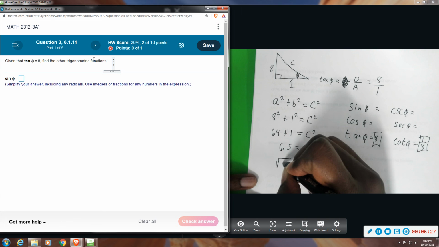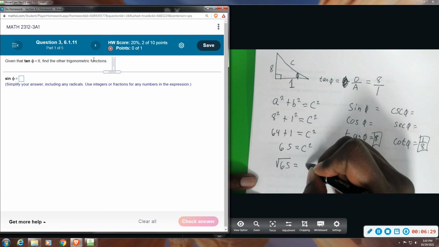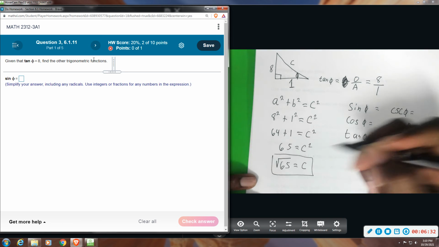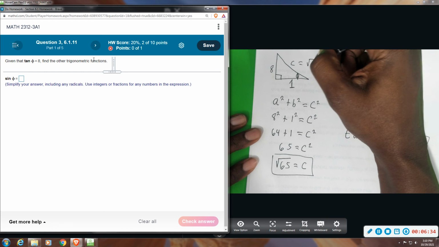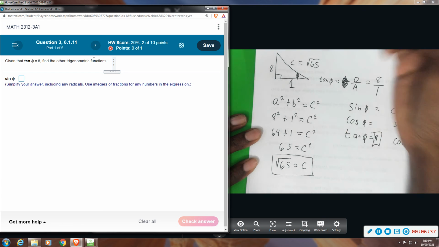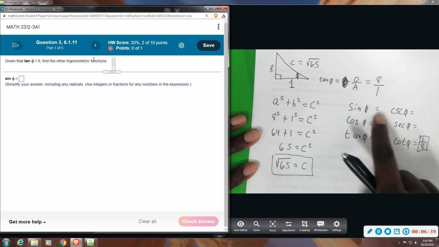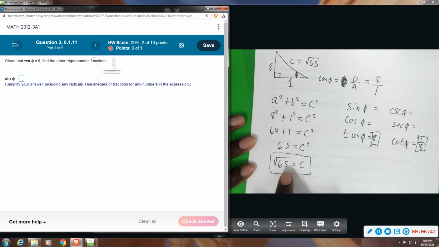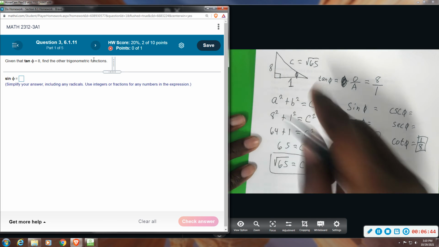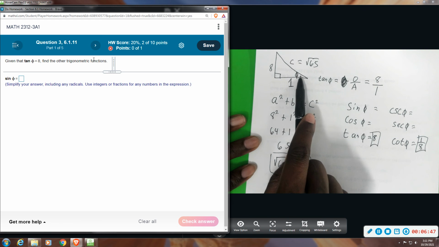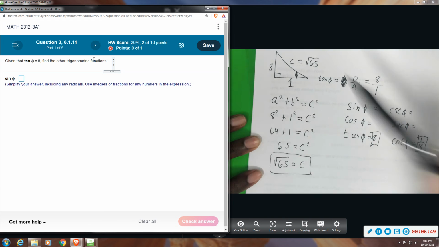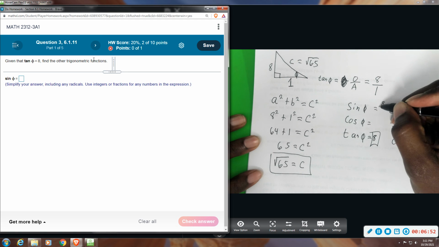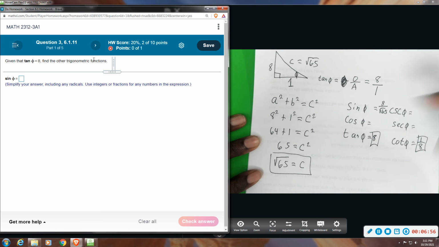So the square root of 65 equals C. So this side is the square root of 65. Now from here, we can find the missing sides. Now that I have all sides of the right triangle, if I want to find sine, sine is opposite over hypotenuse. So 8 over the square root of 65. And then to get cosecant, I just have to flip it. So I'm going to write the square root of 65 divided by 8.